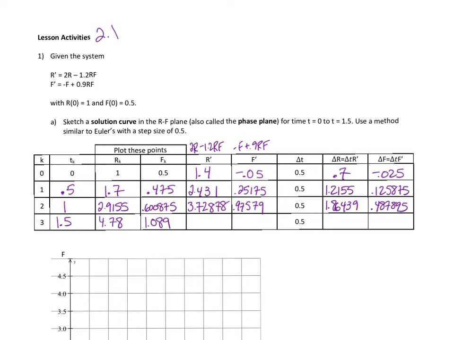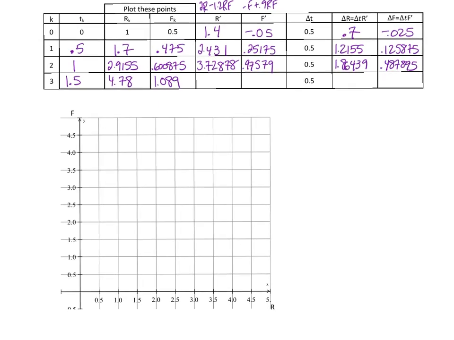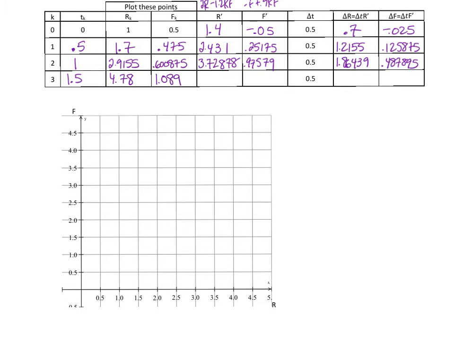Now I'm going to plot these in the RF plane. I want to plot these points. Okay, so r is on the horizontal axis, f is on the vertical axis. So 1, 0.5, that's my initial condition.